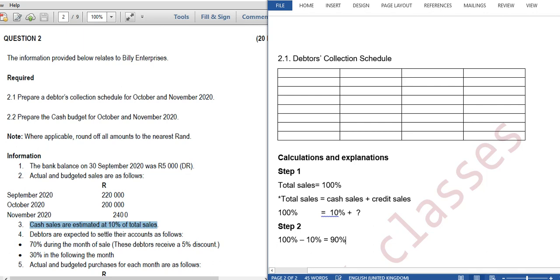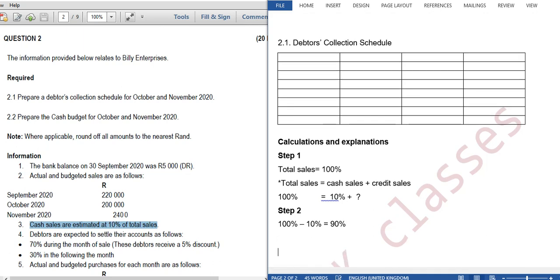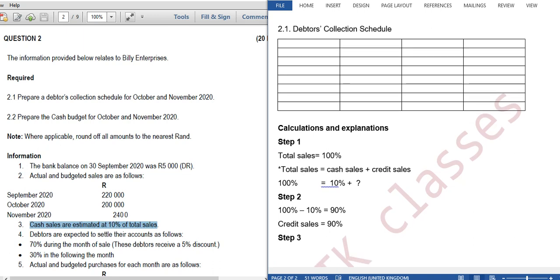So what does this mean? This means that our credit sales are equal to 90%. So under step number 3, we are going to calculate our credit sales.